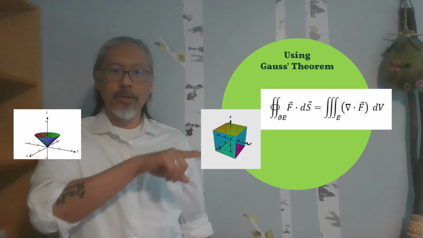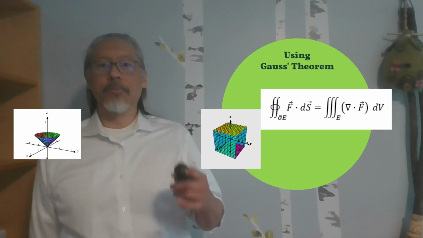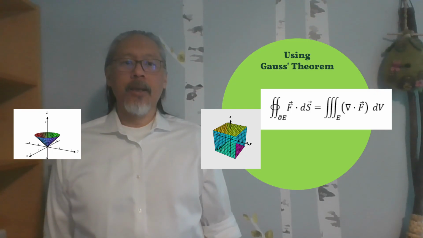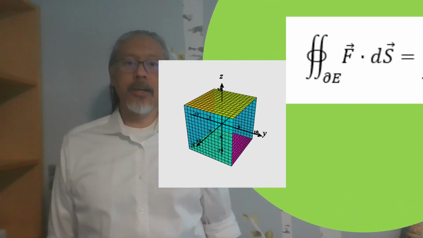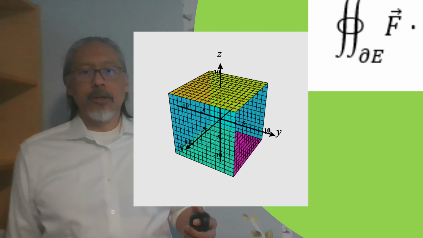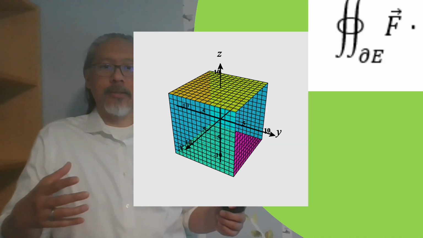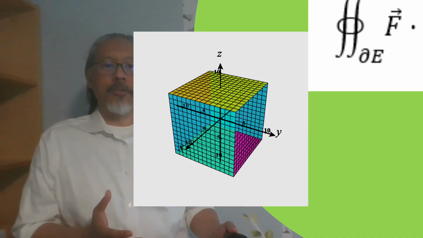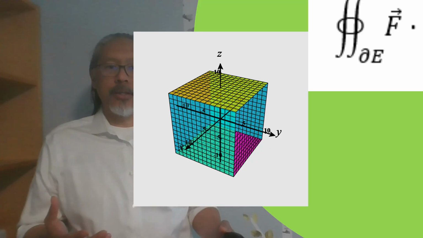Sometimes we use circles around the integral to say that we're integrating over a closed surface. So let's take a look at an example where we would integrate a flux integral over a box. Now this box has 6 sides to it, so if you're going to do a flux integral through this box, then you're going to have 6 integrals.